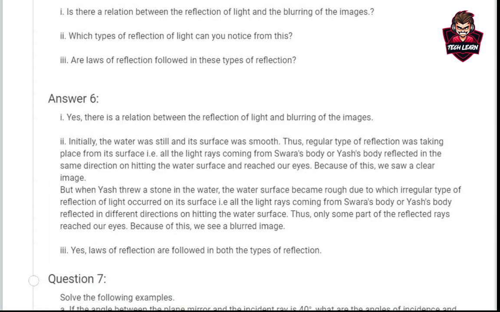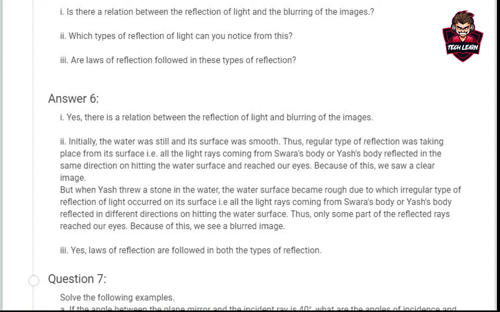So answer of first is yes, there is a relation between the reflection of light and blurring of images. Second, which types of reflection of light can you notice from this? Answer of second is, initially the water was still and its surface was smooth.